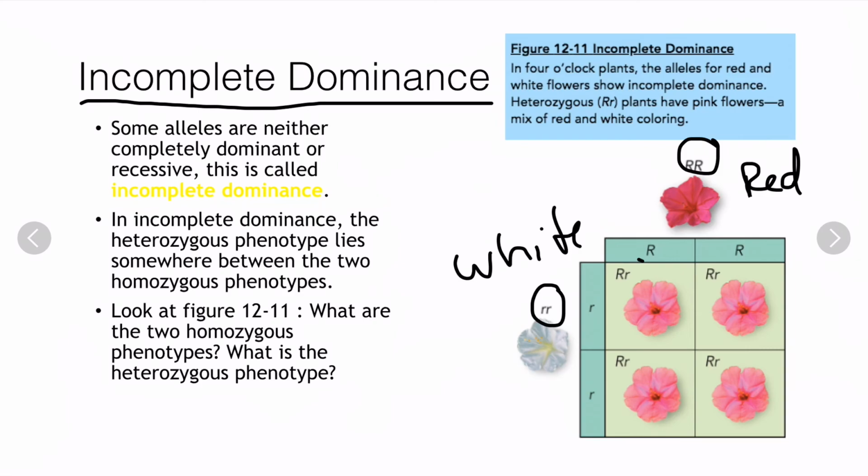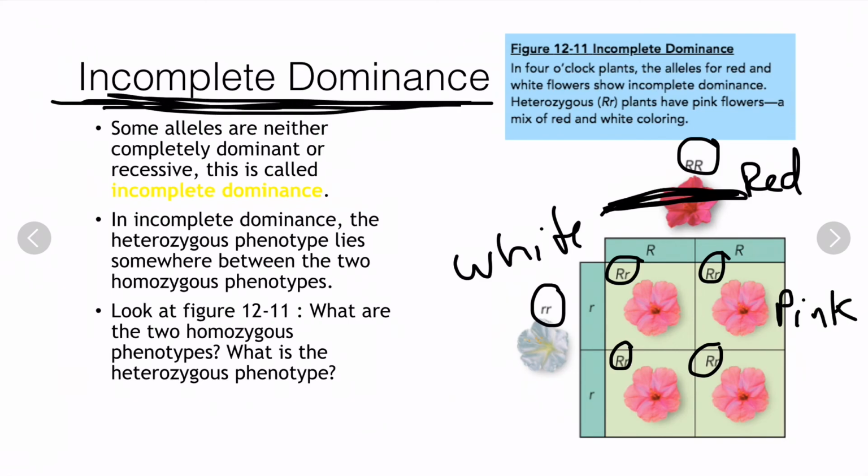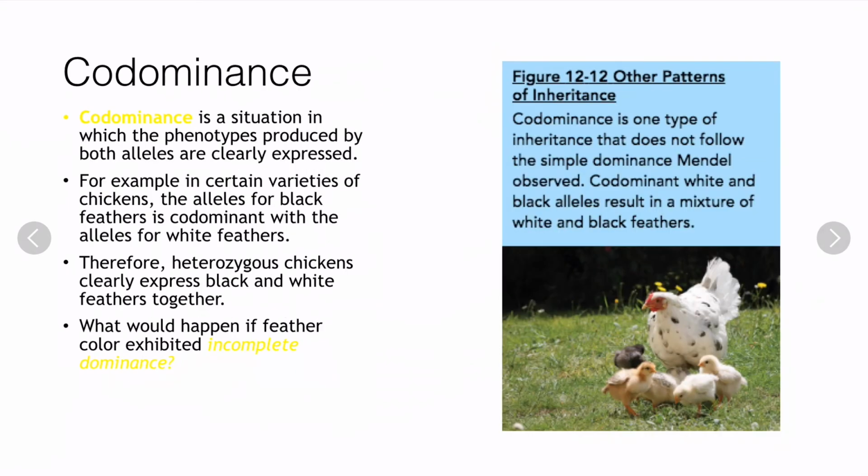Well, when we get the heterozygous genotype, which we have all four are heterozygous here, we get a combination of red and white, which is pink. Okay? So in incomplete dominance, we get a combination of our two phenotypes, and they blend together, and we end up getting a combination of both. In this case, it was pink. Red and white made pink. That's incomplete dominance.